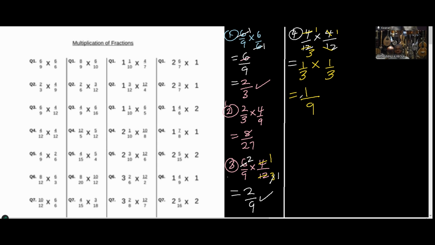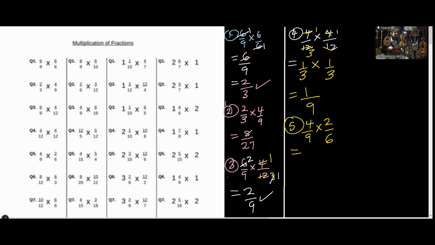The next one, number 5. So you understand that 4 over 12 is 1 over 3, right? Okay, good. So number 5 is 4 over 9 times 2 over 6. So I can cut this down too, okay?